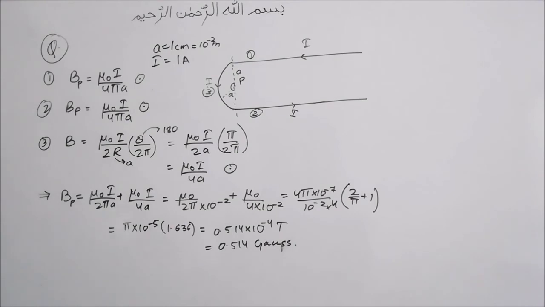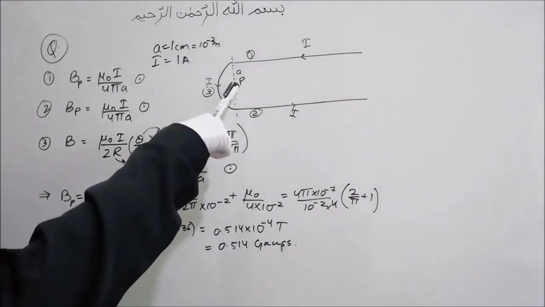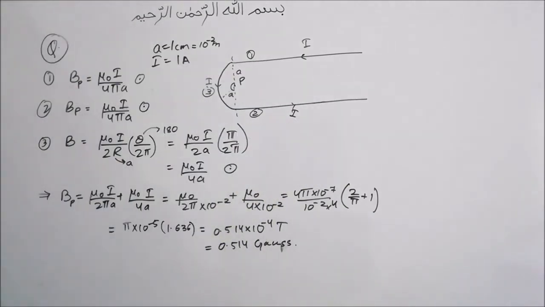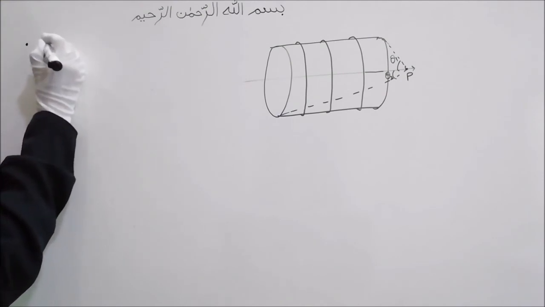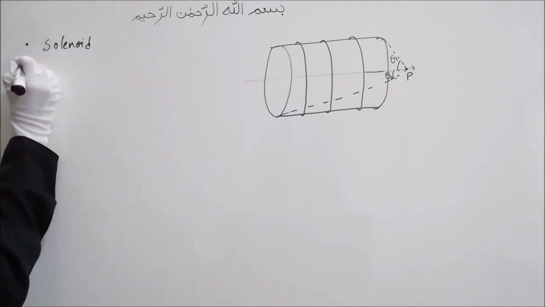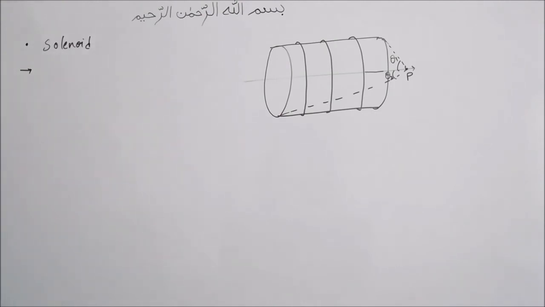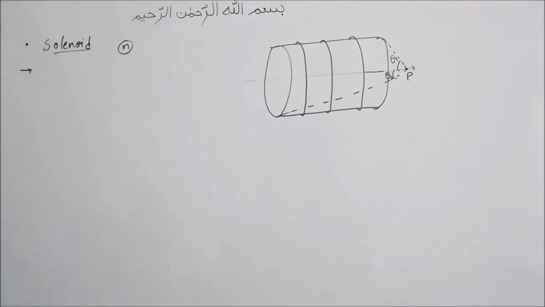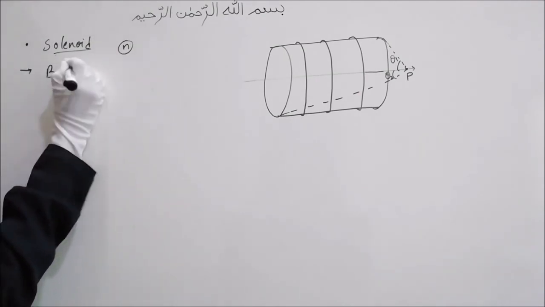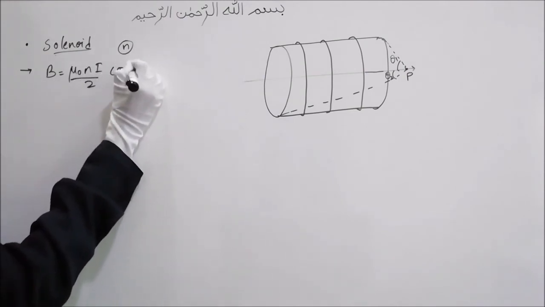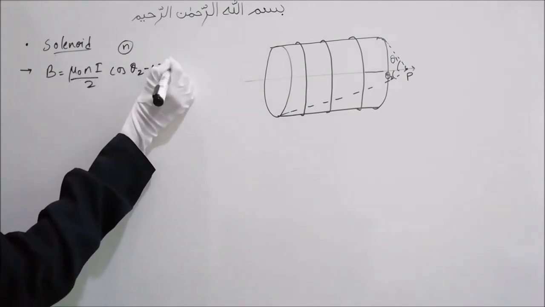So this is the magnetic field which is produced at this center because of this entire current element. The magnetic field on the axis of a solenoid with n turns per unit length is given as B equals mu naught Ni by 2 (cos theta 2 minus cos theta 1).